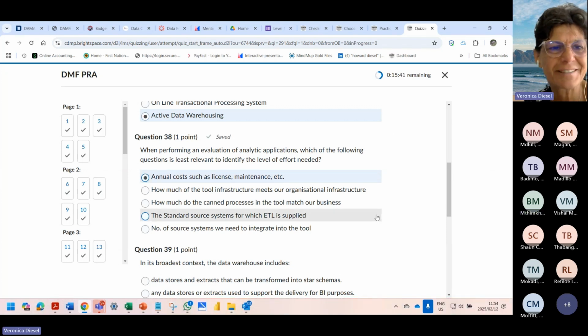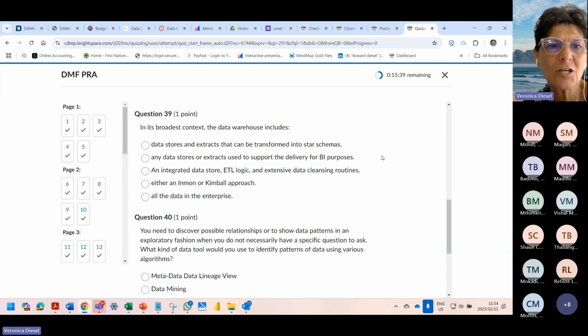In its broadest context, the data warehouse includes... definitely not the last one. The third one, ETL logic and cleaning routines, either in the mono Kimball approach.